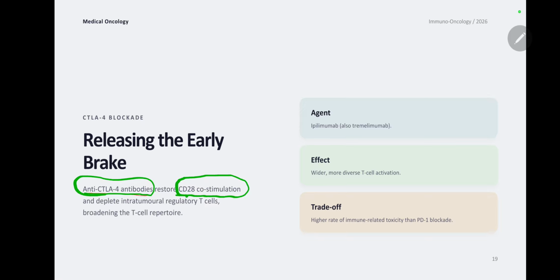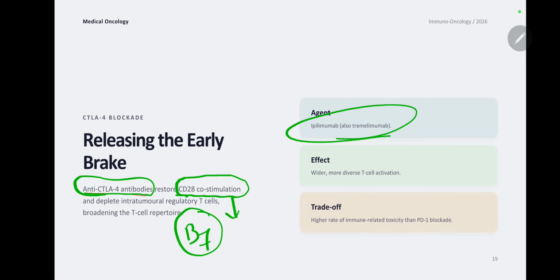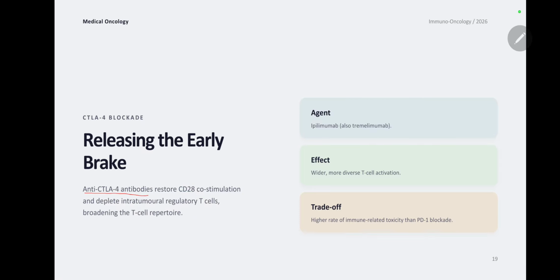So CD28 is now free and not inhibited. CD28 binds to the B7 ligand, co-activation of the T cell happens, and full activation of the T cell will happen. One of the agents used as a CTLA4 inhibitor is known as ipilimumab.